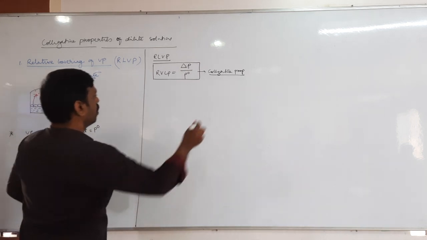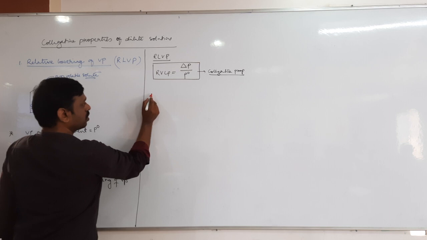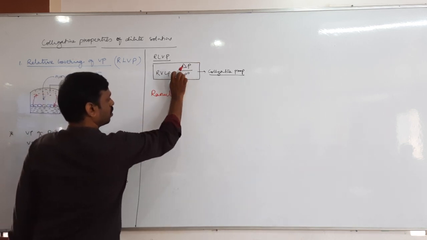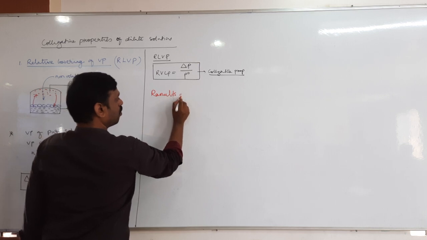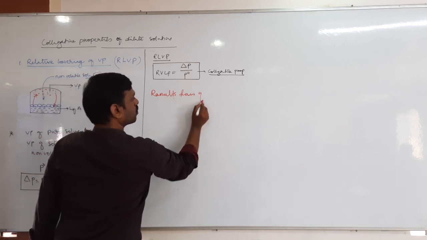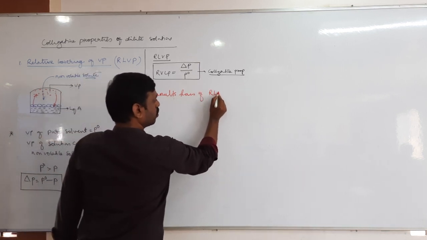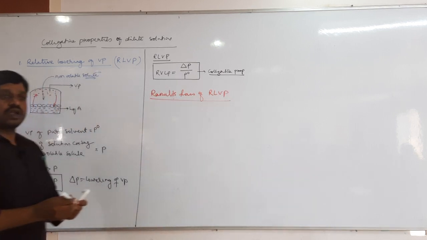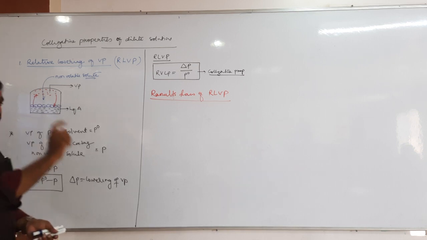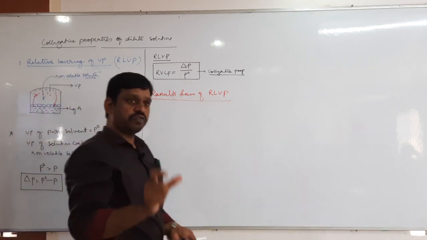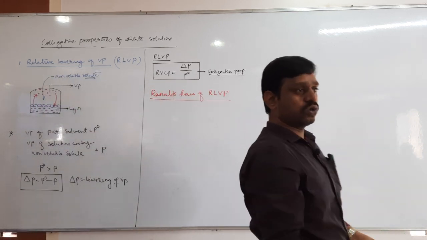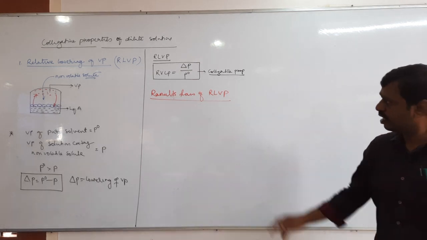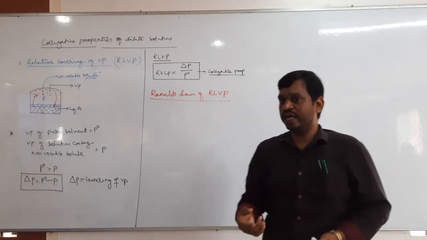Next we have one more important definition, Raoult's law of RLVP, relative lowering of vapor pressure. So what is Raoult's law of RLVP? It states that RLVP of a solution is always equal to the mole fraction of solute. Very simple. RLVP equals the mole fraction of solute.